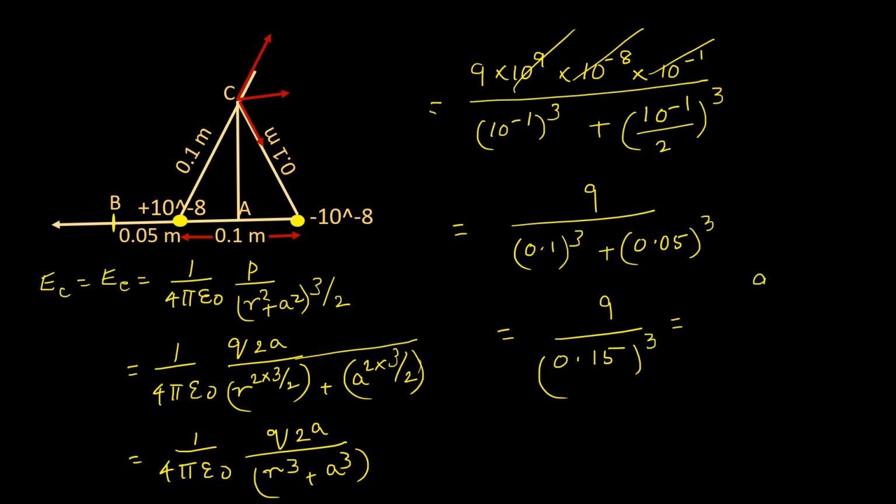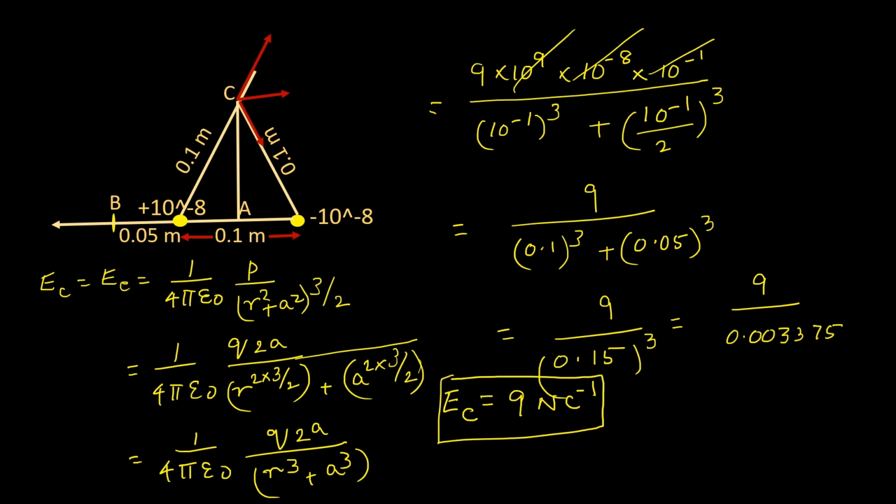This becomes equal to 9 by 0.00375. This is a small quantity, so this can simply be omitted. So this becomes equal to 9 Newton per coulomb. So electric field at point C is equal to 9 Newton per coulomb. This problem also can be done using another formula which we arrived when we derived this equation. What was that?